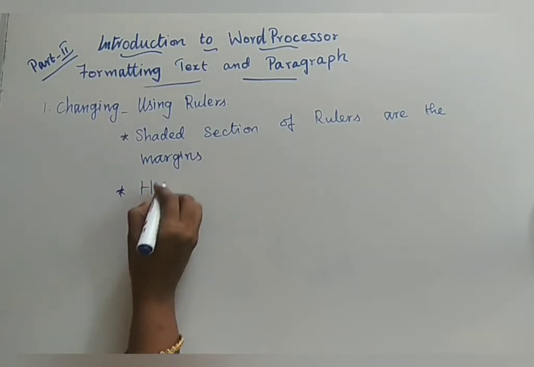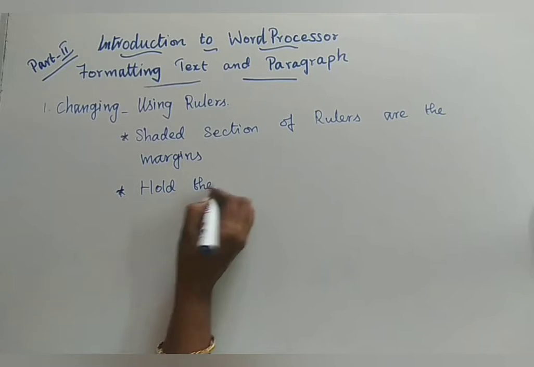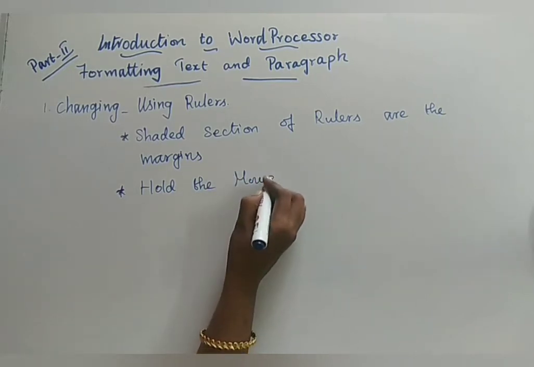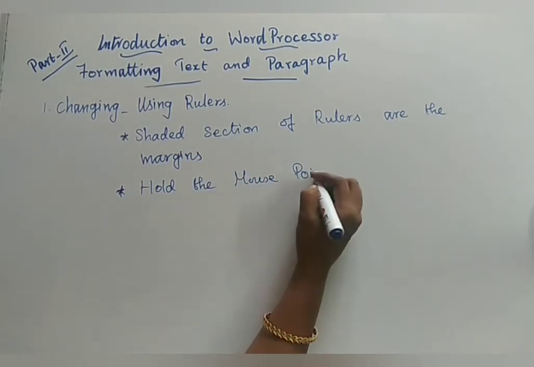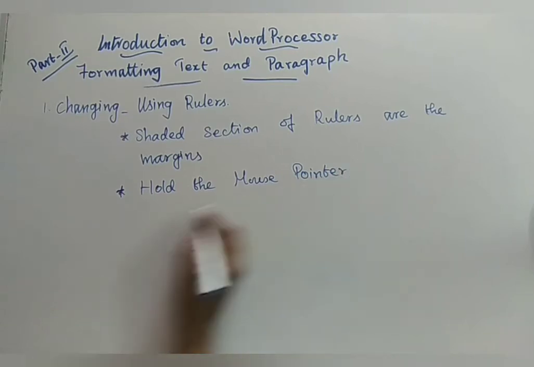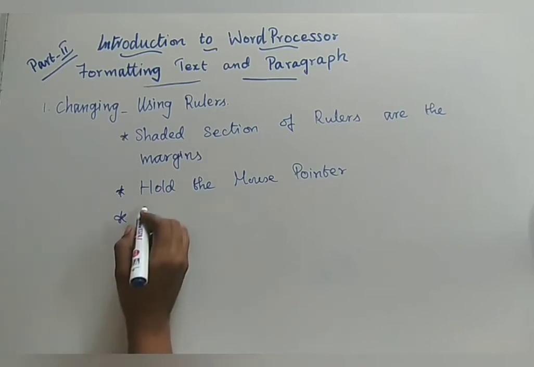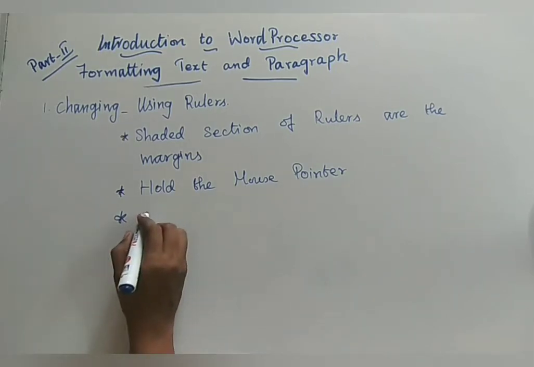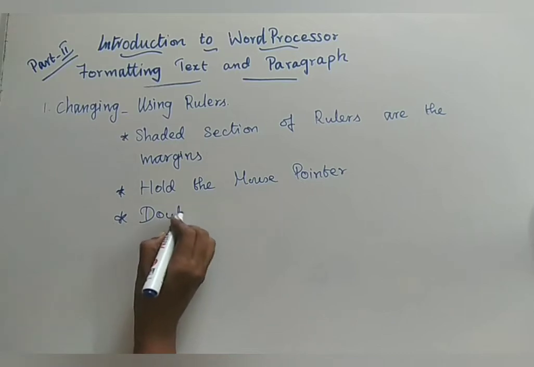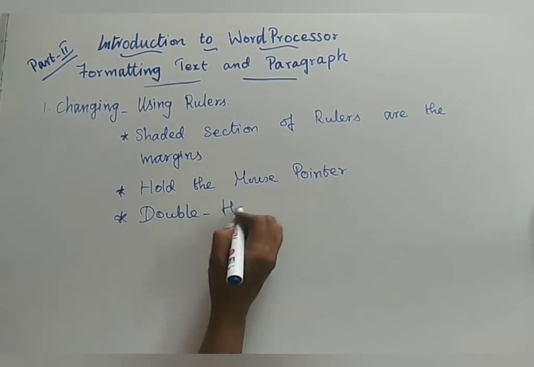So the first point is to hold the mouse pointer in the place where you need the change. And the next point is, when you are holding the mouse pointer, it will automatically change into a double headed arrow. Okay?